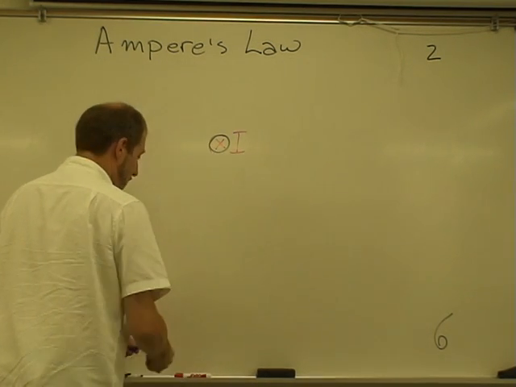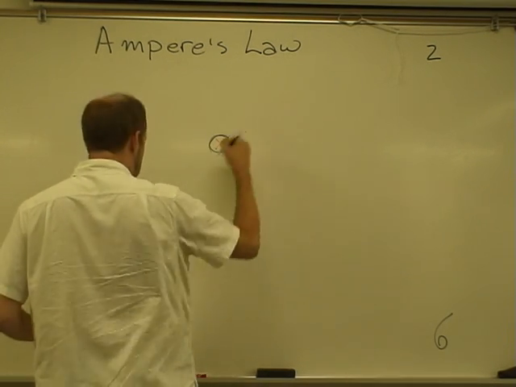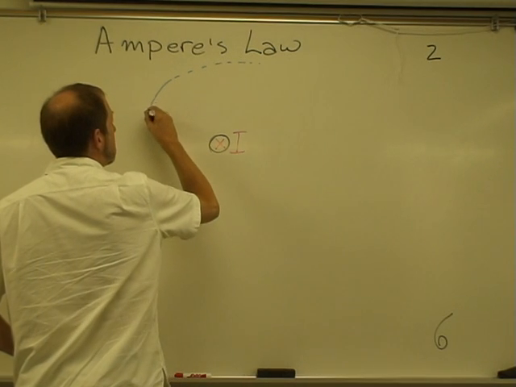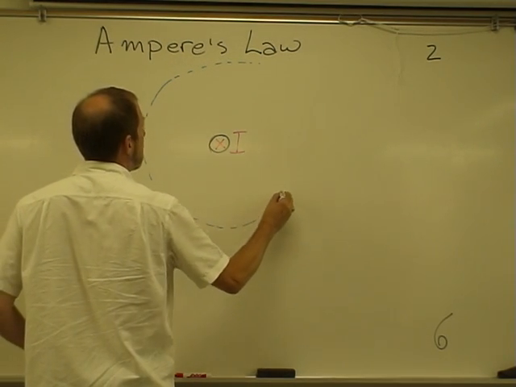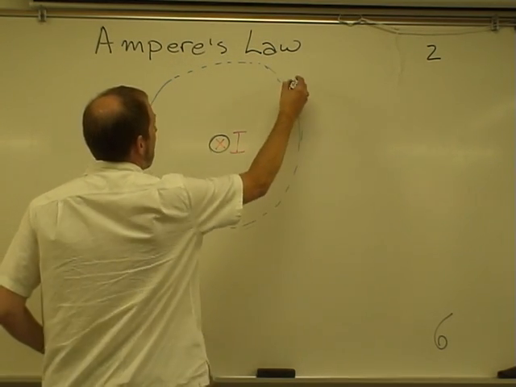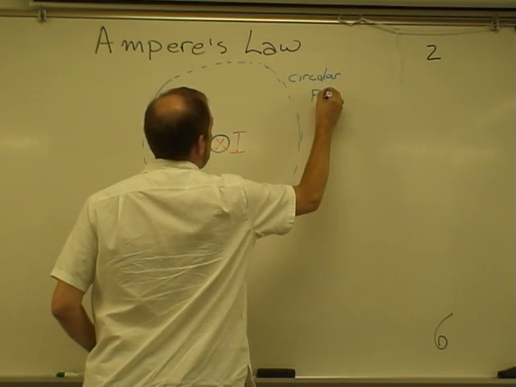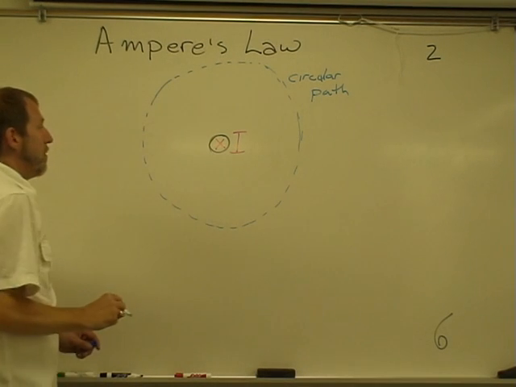Now suppose I want to have a circular path. That's supposed to be a circle.